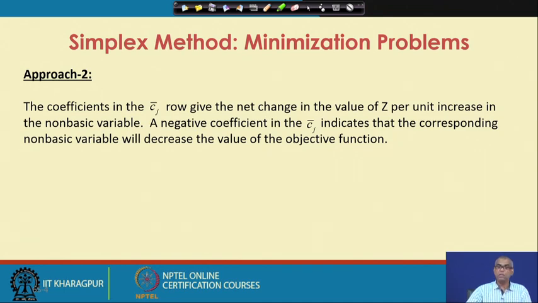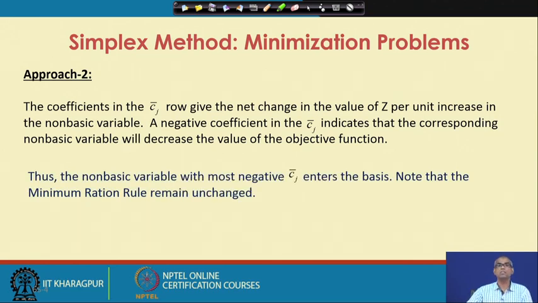If Cj bar equal to 0, it means that the corresponding non-basic variable will not change the value of the objective function. Similarly, a negative value of Cj bar will mean that the corresponding non-basic variable will decrease the value of the objective function.